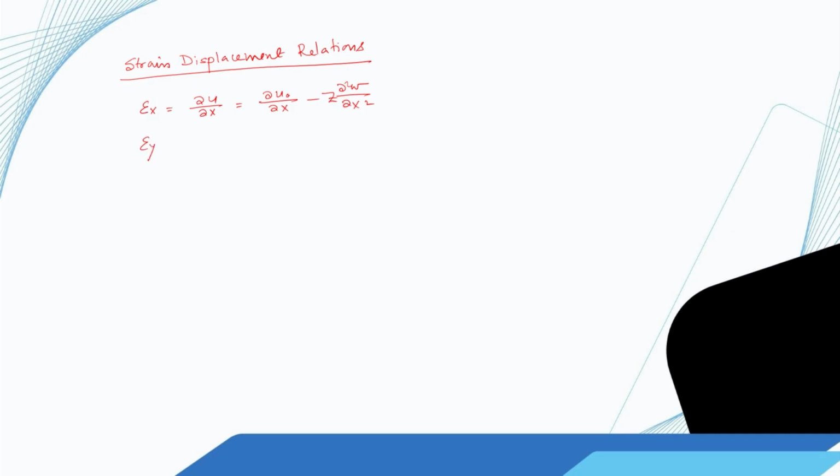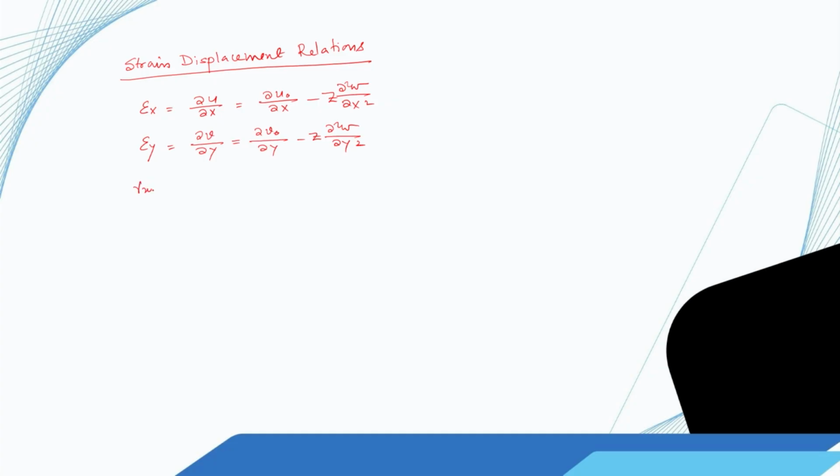Accordingly, epsilon y becomes del v by del y, and this gives me del v 0 by del y minus z into del 2 w by del y 2.